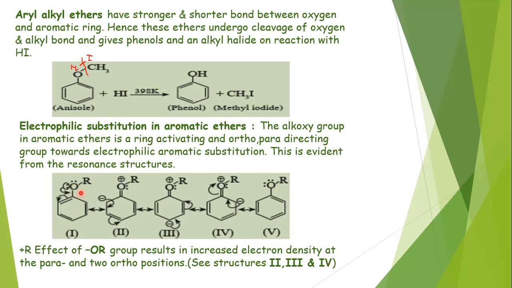So here, because of the plus resonance effect of the OR group, it increases electron density at the ortho and para positions. This is para and this is ortho. Because of the presence of the OR group, the electron density in the benzene ring at this position ortho, this position para, again this position ortho, increases.